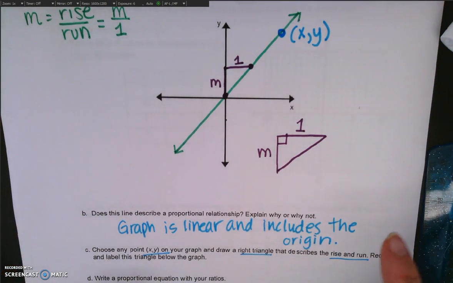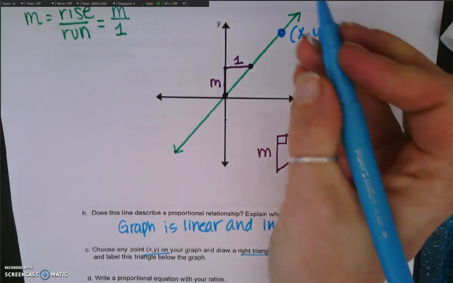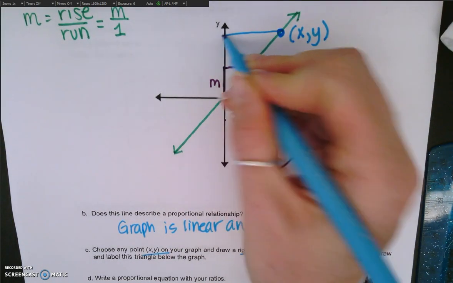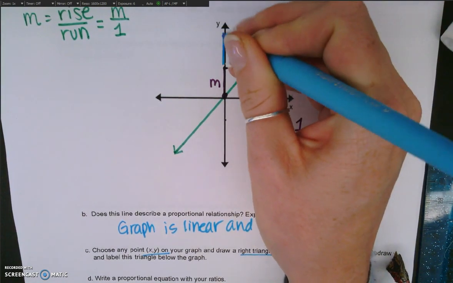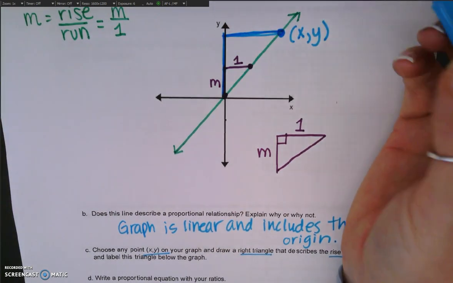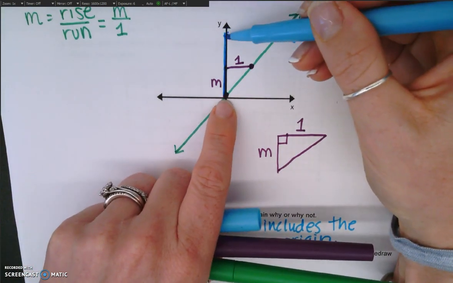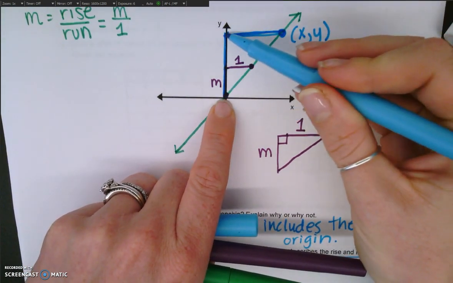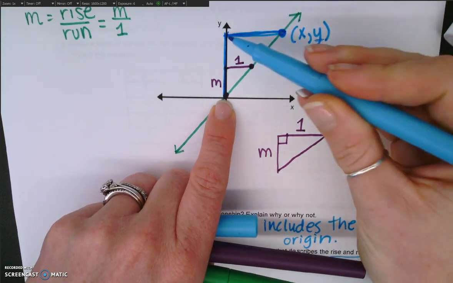So taking a look here, I now need to create a right triangle. Again, I'm going to go straight over to my y-axis and then down to my y-intercept, the origin, and I'm going to label the rise as the vertical change from 0 to this point here. If I go across, I notice that's going to be the same as the y value.